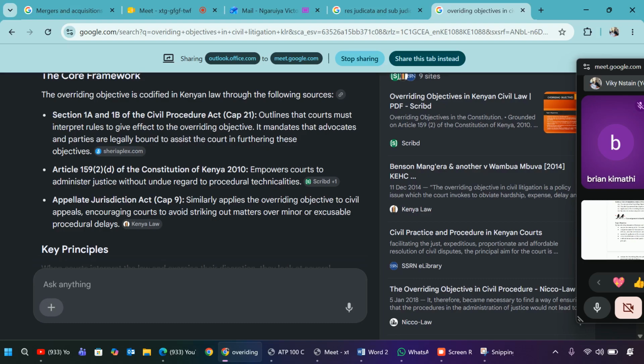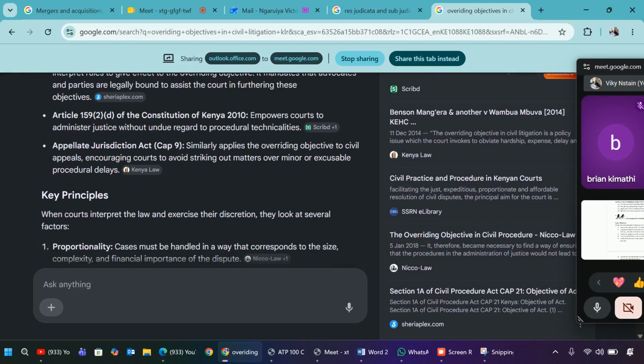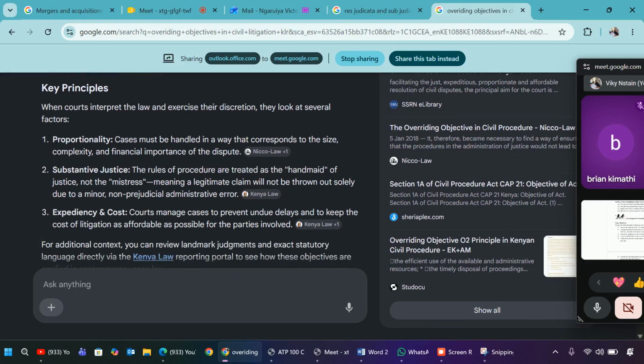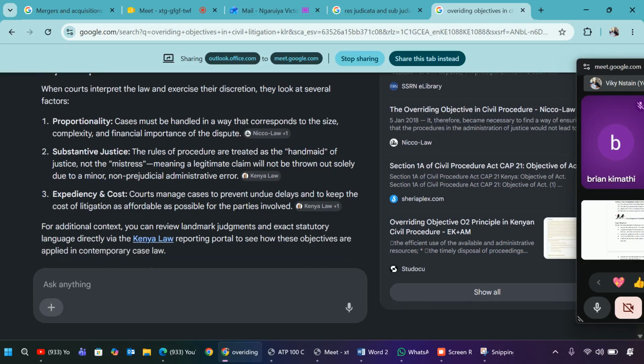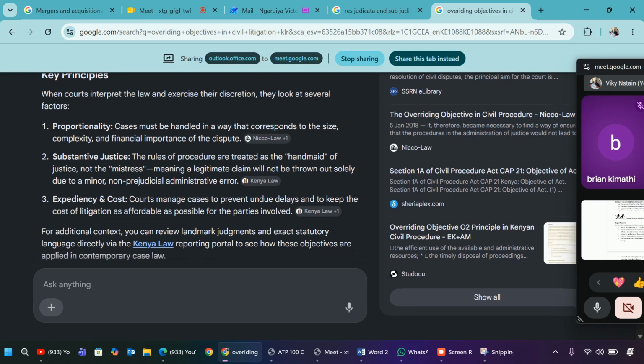If you read Article 159(2)(d) of the Constitution of Kenya, it empowers courts to administer justice without undue regard to procedural technicalities. And the various key principles that emanate from this doctrine is we have proportionality. Cases must be handled in a way that corresponds to the size, complexity, and financial importance of the dispute.